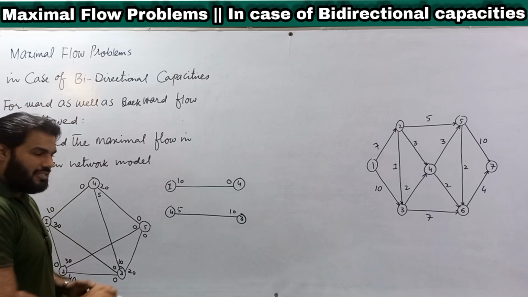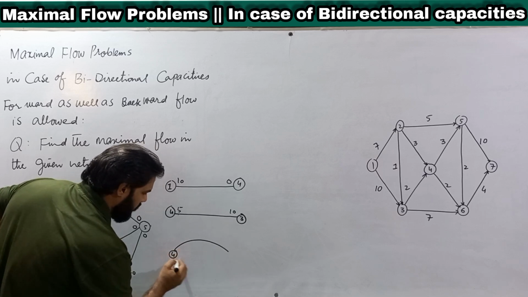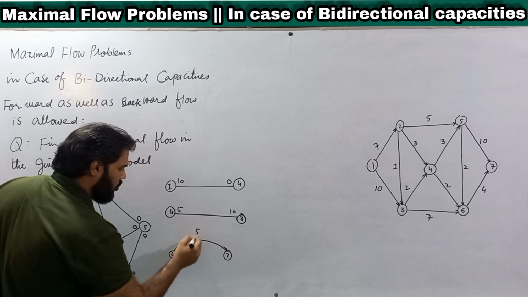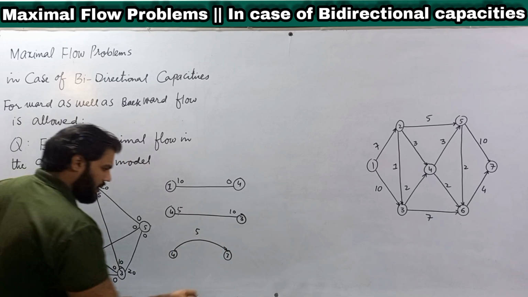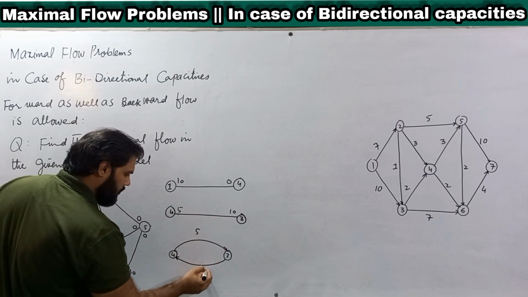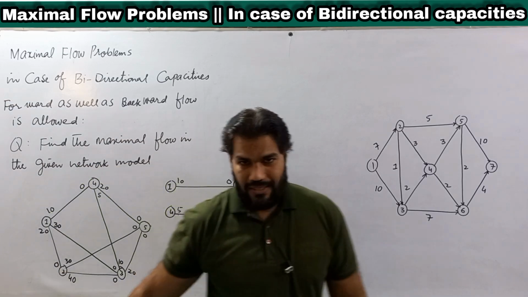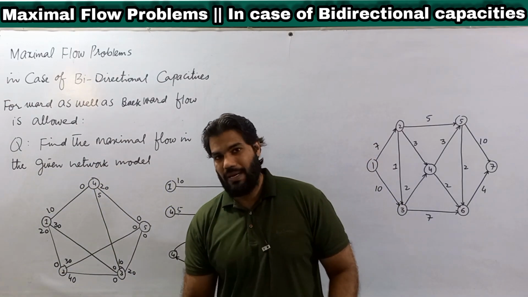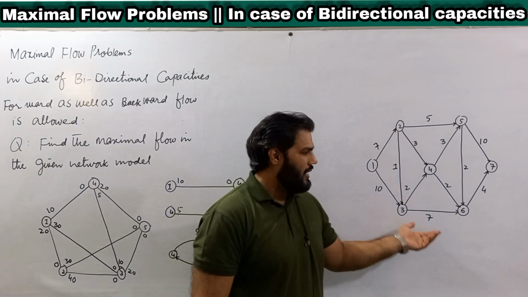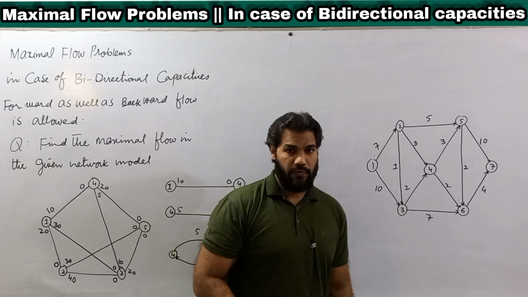In the form of a loop, this can be elaborated as: this is node 4, this is node 3, so there is a 5 unit flow from node 4 to node 3. In a similar way, from node 3 to node 4, there is a 10 unit flow allowed. So this is the case where forward flow as well as backward flow is allowed at the same time. Whereas in the earlier figure there is no edge which shows forward as well as backward flow.